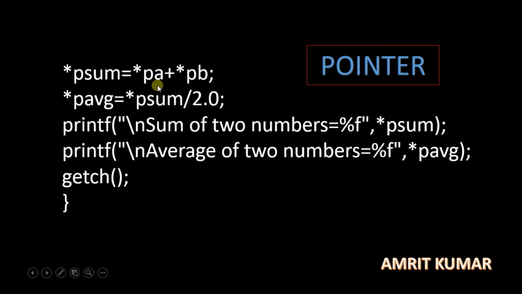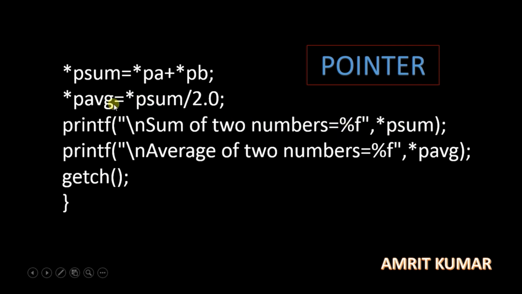So the value of a and the value of b is going to be here, that is, the values given by the user. Suppose the user has given a value 5 in a, and in b 10. So 10 plus 5 is going to be 15, and that is going to be stored here in psum, and I am printing that psum through the pointer.